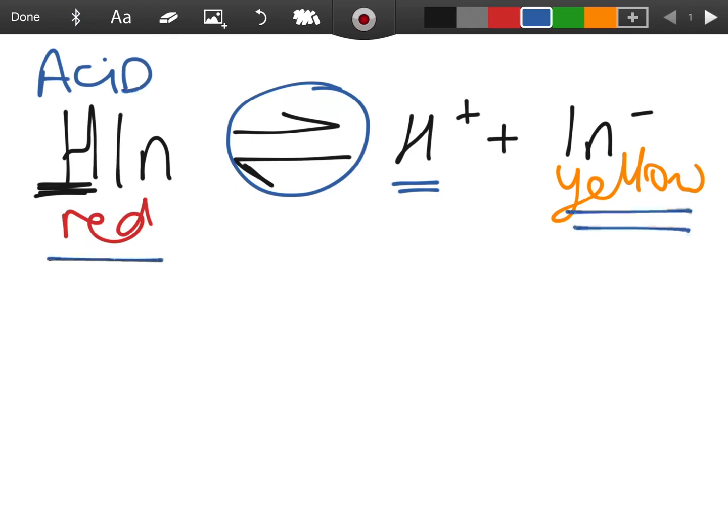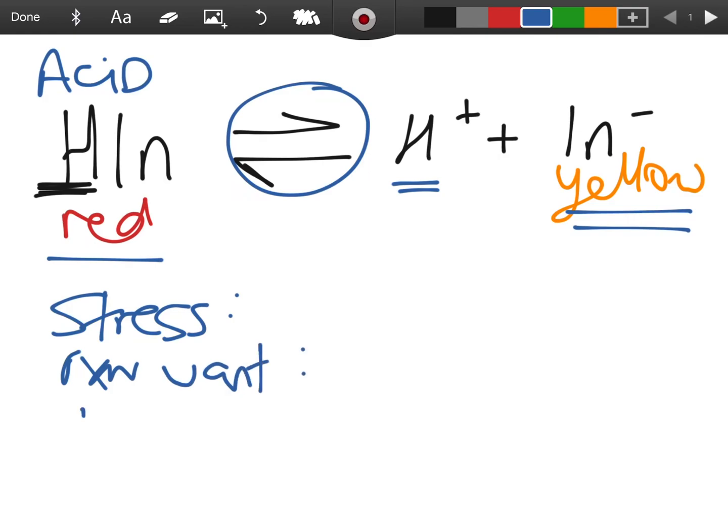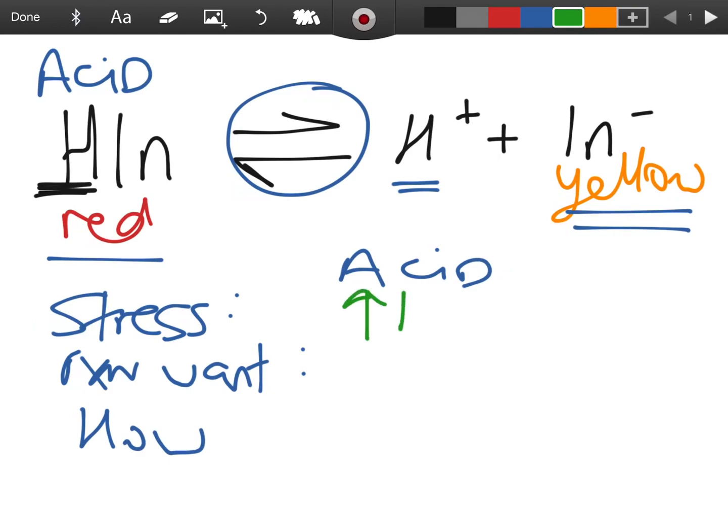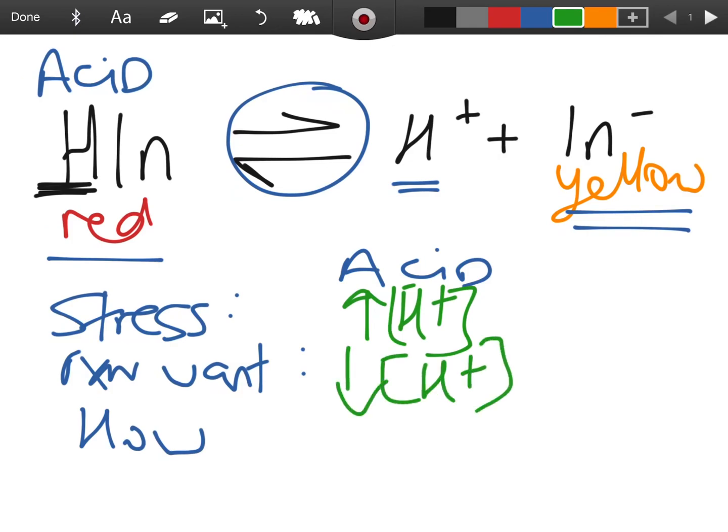Now, what if you were asked to show how it acts as an indicator? Remember for equilibrium we had: what's the stress, what does the reaction want, and how? Say, for instance, you put this indicator into acid. Well, what's the stress there? Acids are proton donors, so you would increase the concentration of H+. The reaction, according to Le Chatelier, will want to decrease the concentration of H+.